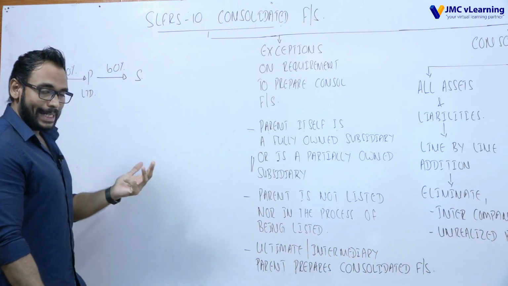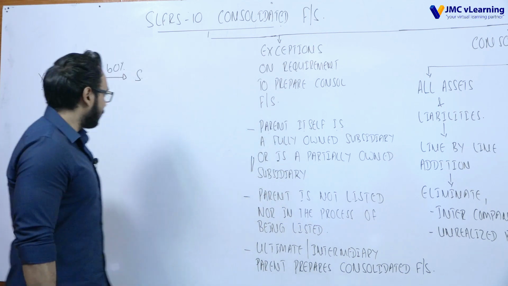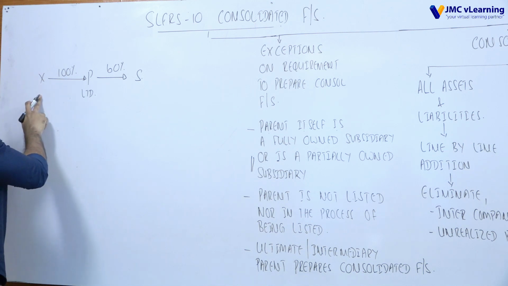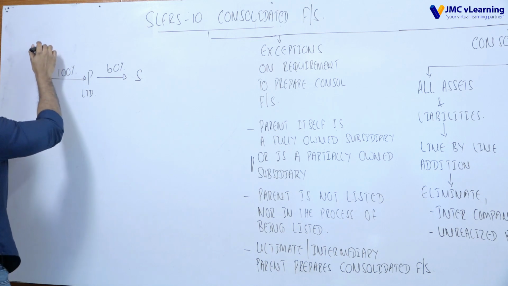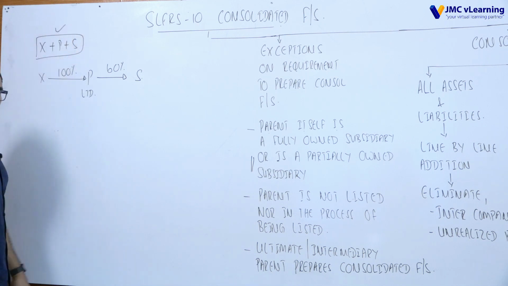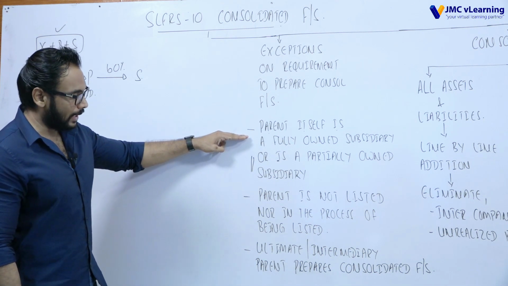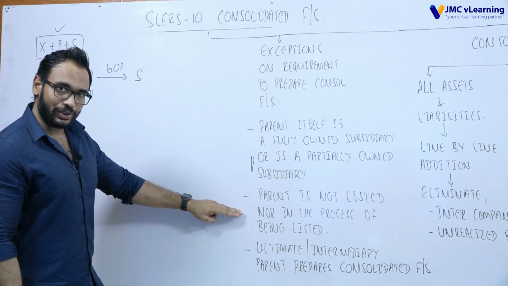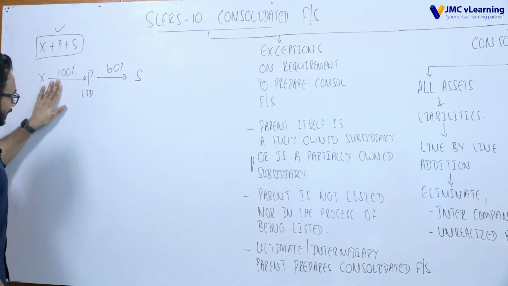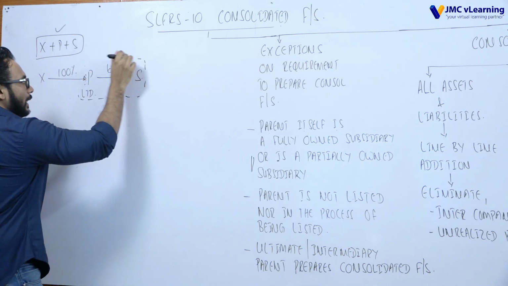When you say not listed, it means neither debt instruments nor equity instruments are listed. So it's not publicly traded, and this entity, the ultimate parent, prepares financials combining X, P and S. So if all those three criteria are satisfied, parent itself is a fully owned subsidiary, parent is not listed nor in the process of being listed, and the ultimate parent prepares consolidated financials, in such an instance, P need not prepare consolidated financials combining its subsidiary.